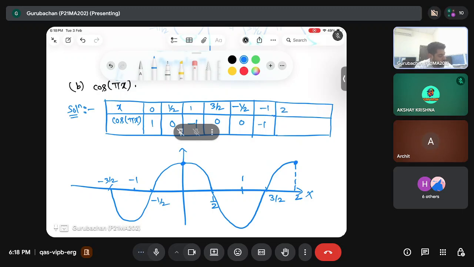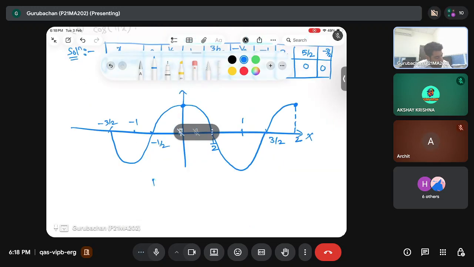For 2 it will be 1, and for 5 by 2 it will be 0. In the same way for minus 3 by 2 it will be 0. So here the period will be 2. The reason is, if you observe, you start from this 0, and this position will come again at 2. So that means the period is 2.